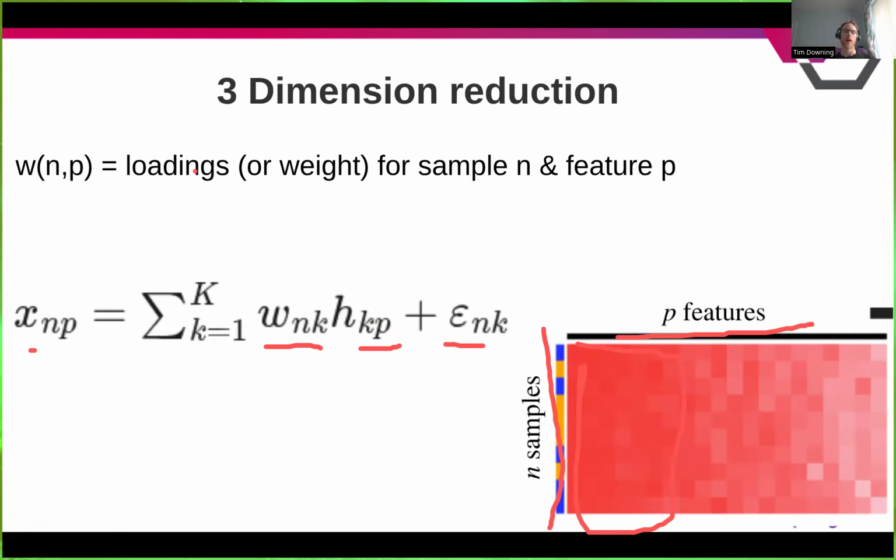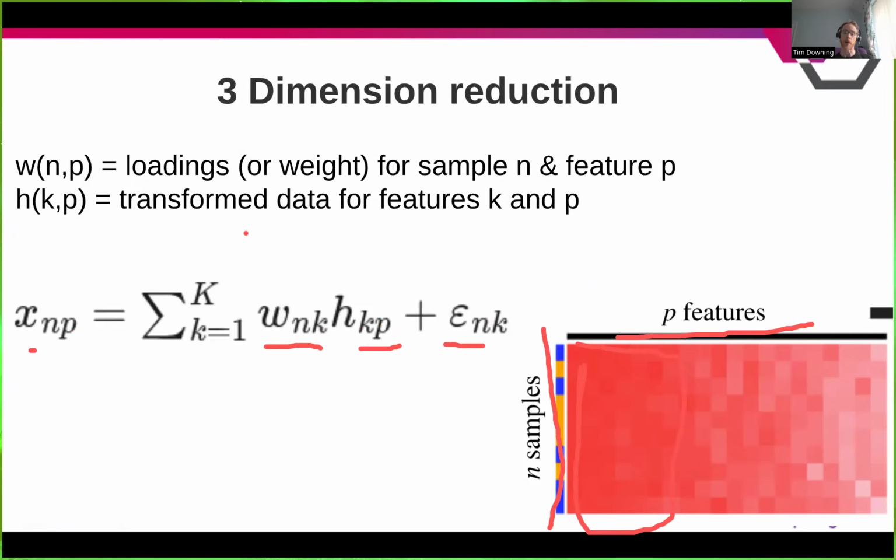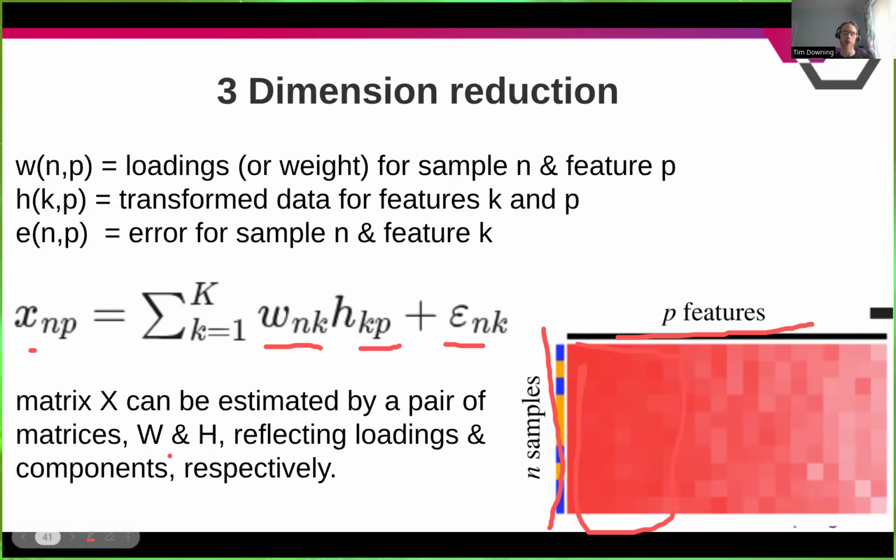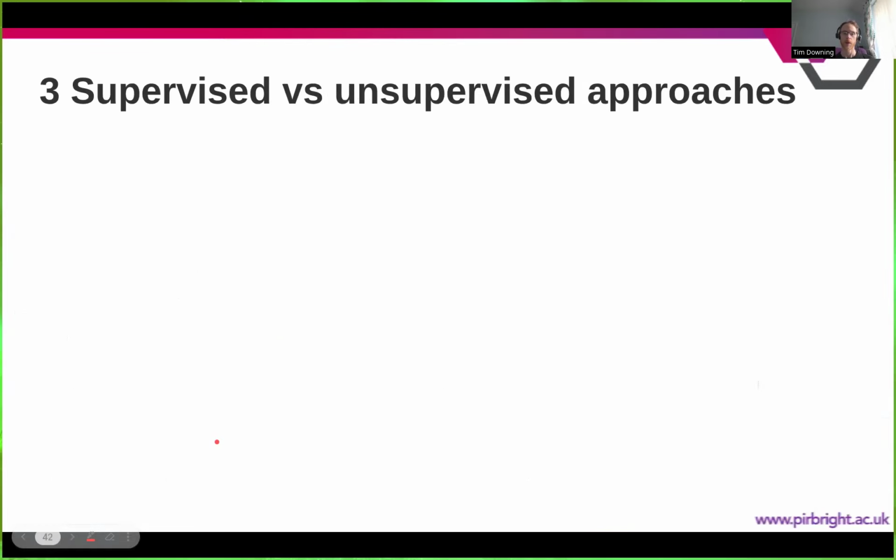The W matrix is our loadings or weights for the samples, n by k, and H, k by p, is the transformed data for the features. Then we have our error term, and we can infer X from W and H and vice versa, and use X to obtain W and H as well.